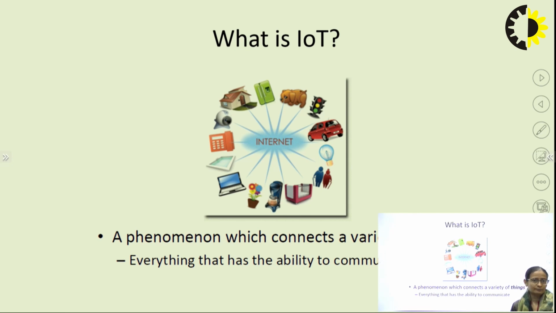So IoT implies Internet of Things. This term means we are connecting different devices together over the internet. We could say it is a phenomenon which connects a variety of things, and all these things have the ability to communicate, and this ability makes them different from their counterparts which are not able to communicate.